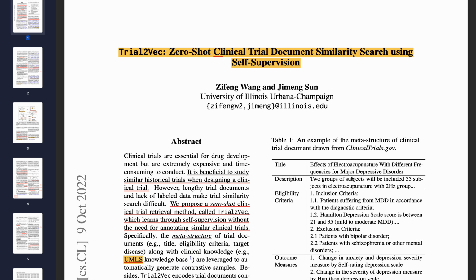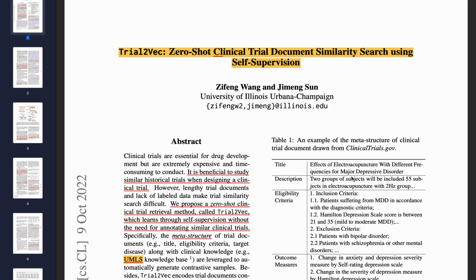So this is a paper by Zifeng, Wang, and Jimeng. Designing a clinical trial is a very critical step. It's a mandatory step if you want to bring any drug to the market. However, it is also a very costly affair, and the sponsors and CROs are always looking for ways to design them efficiently.